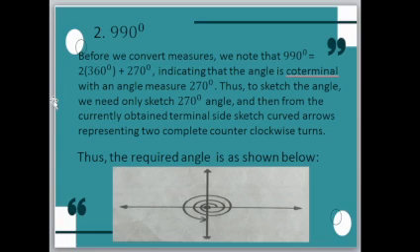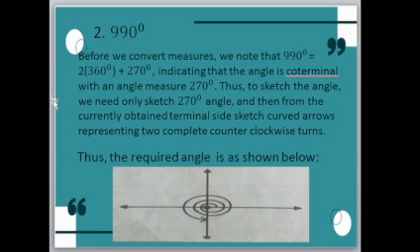Thus, to sketch the angle, we need only sketch a 270 degrees angle, and then from the currently obtained terminal side, sketch curved arrows representing 2 complete counterclockwise turns. Since 990 is 2 times 360, we have 2 complete revolutions. So our movement is counterclockwise since that is positive.